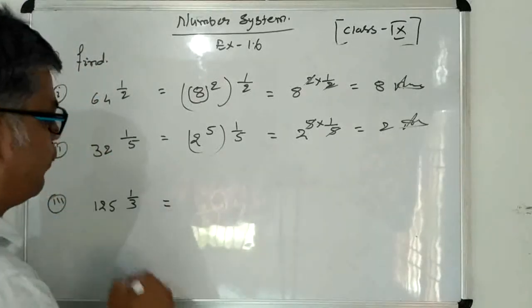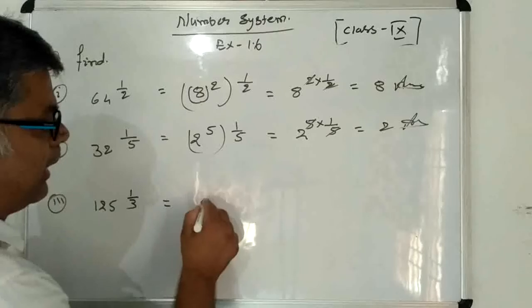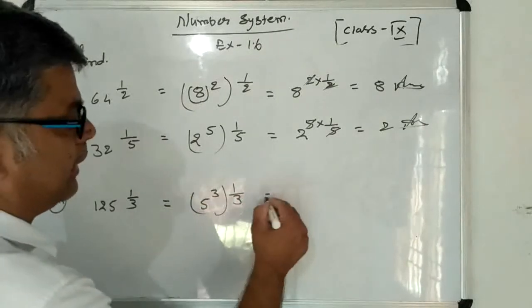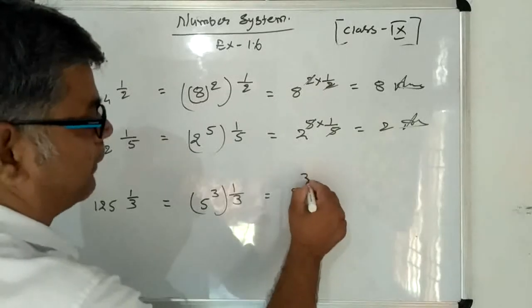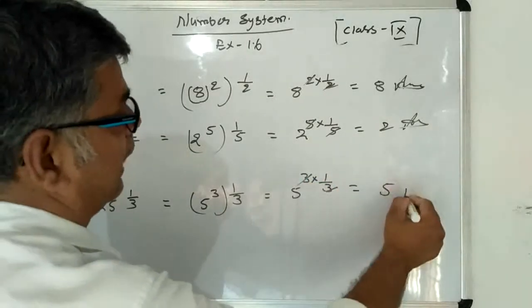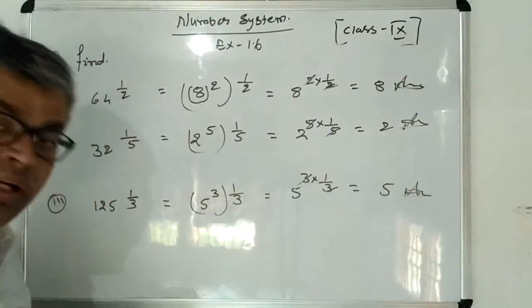Now similarly, for 125, you can write 5 to the power 3 whole power 1 by 3, which equals 5 to the power 3 into 1 by 3. The 3 will get cancelled, and in this way you get 5.